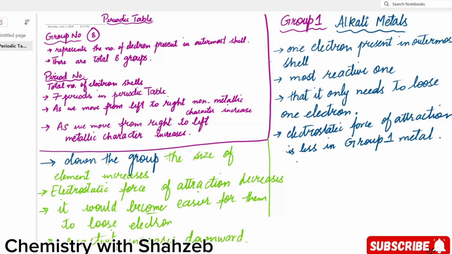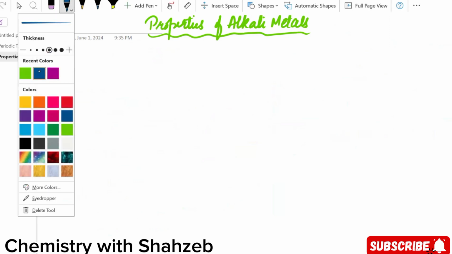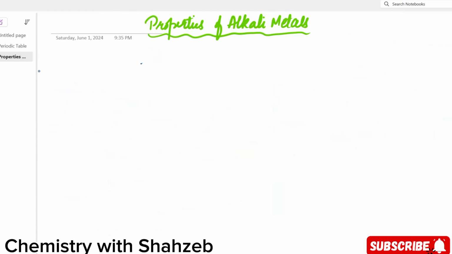Okay. So now we have the properties of alkali metals. So far, we have discussed that their reactivity increases downwards. Why does their reactivity increase? Because of the decrease in electrostatic force of attraction down the group as the size of the elements increases.